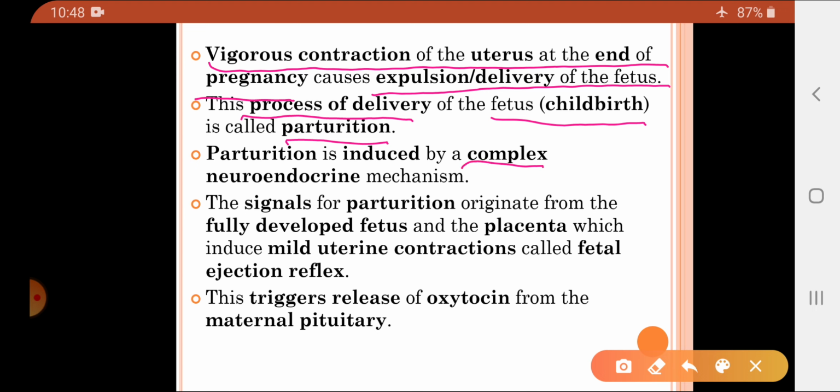Now, how does this parturition occur? Basically it is a complex neuroendocrine mechanism. So the nervous system and endocrine systems are involved in the process of parturition.